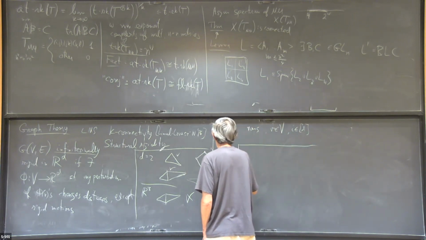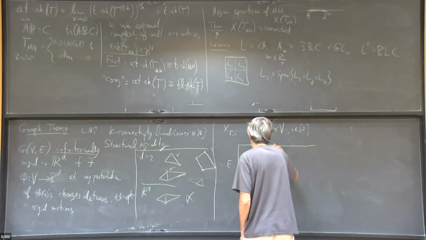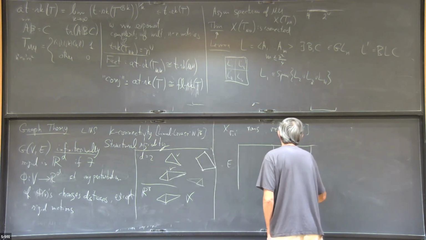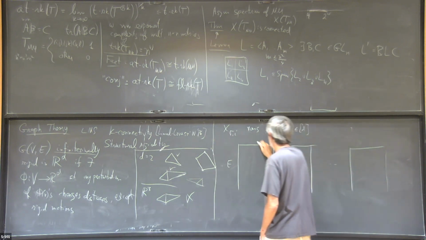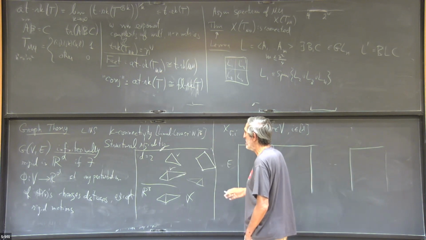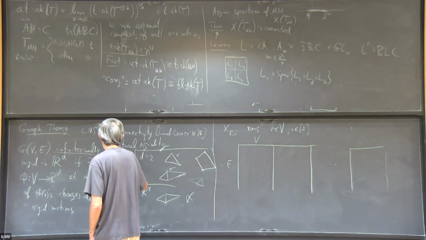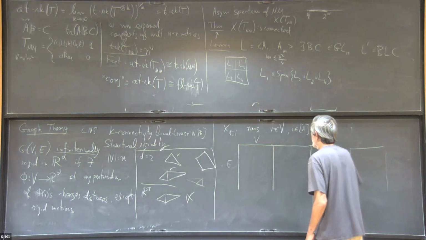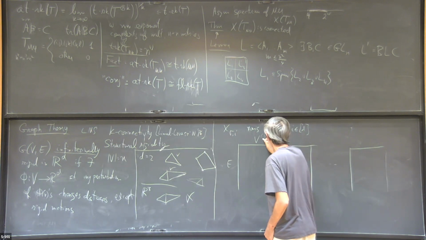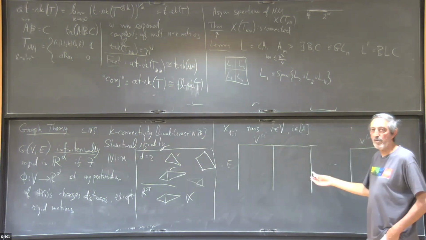Here are the edges. Here we have d blocks, each with n columns, where the number of vertices is n. So d copies, and in all of them you see the same thing.